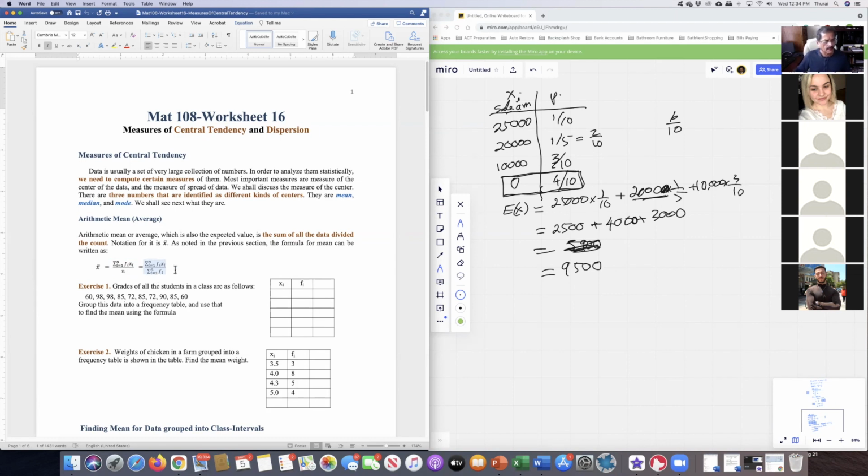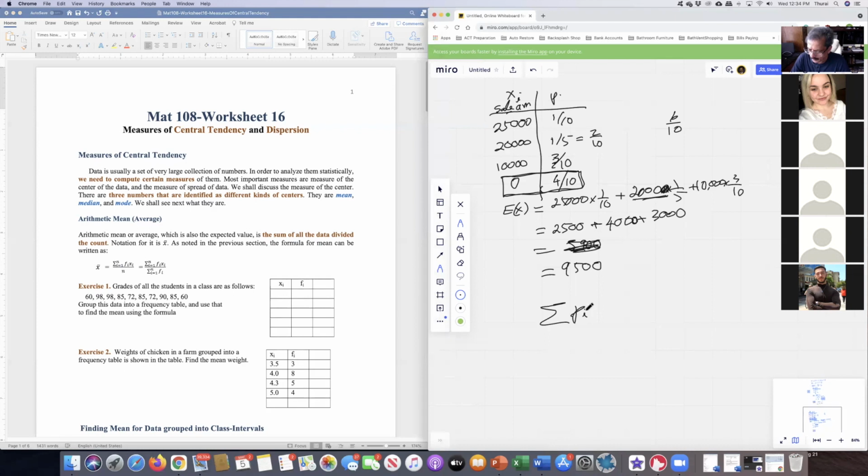We already used it when we found expected value, but when we found expected value, we also wrote this as another one, which I'm going to write on the board instead. It is also equal to sigma pi xi, the values times probabilities, that same thing.